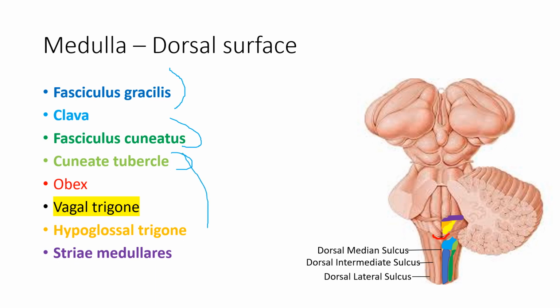So gracilis is medial and cuneatus is lateral. You can see the clava in that light blue. Obex, the opening right here in red, remember? And so we had our vagal trigone, hypoglossal trigone, and the obex, remember. And then the stria medullaris is just this purple area right there.